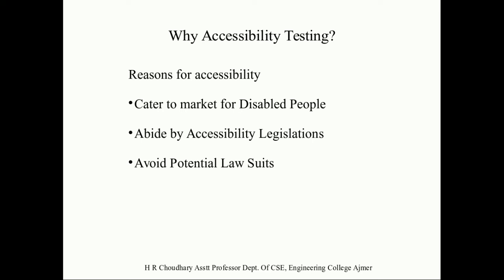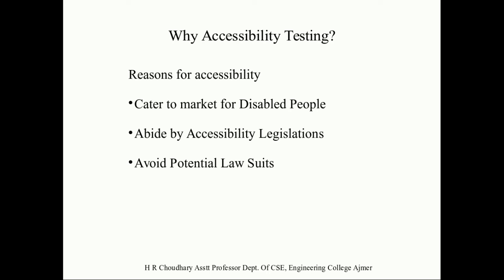Government agencies all over the world have come up with legislation which requires IT products to be accessible by disabled people, and certain legal acts have been designed by various governments. In the United States, the Americans with Disabilities Act 1990; in the United Kingdom, the Disability Discrimination Act 1995; in Australia, the Disability Discrimination Act 1992; and in Ireland, the Disability Act of 2005.